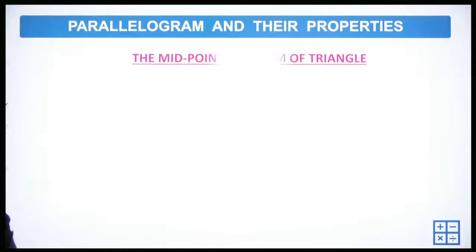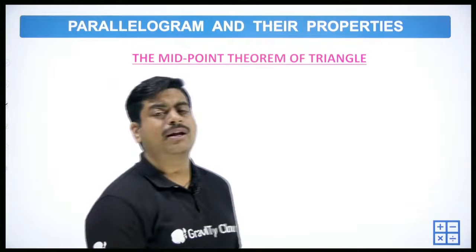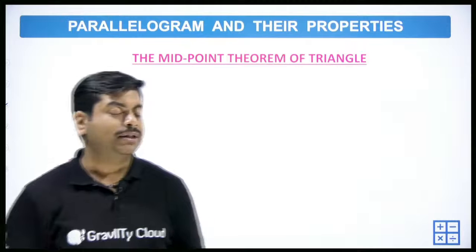Okay? So moving ahead, the midpoint theorem of a triangle is again a very important theorem, and there are lots of applications based on it. So what is the midpoint theorem?